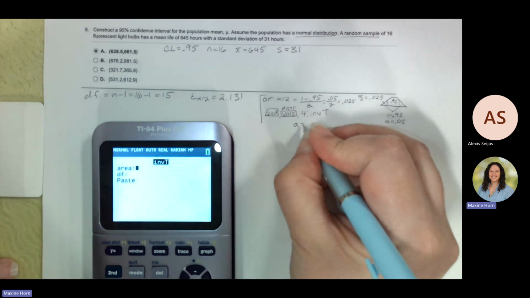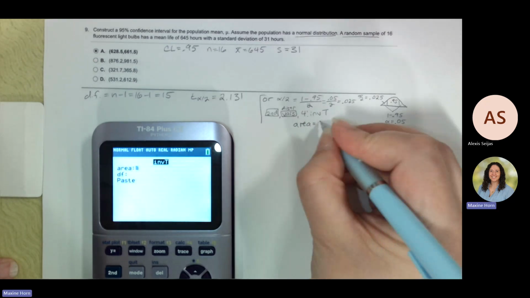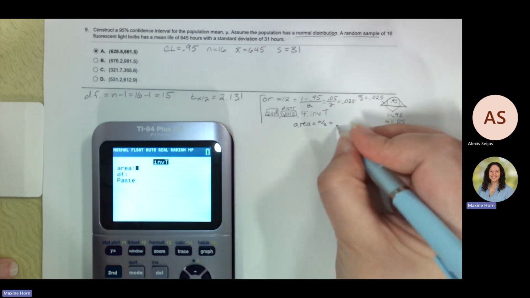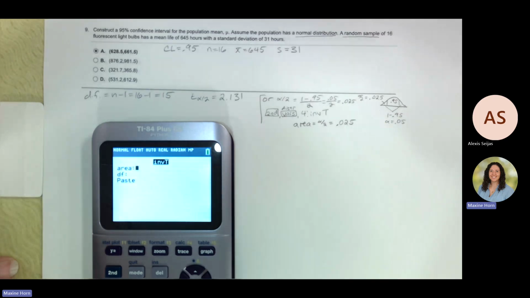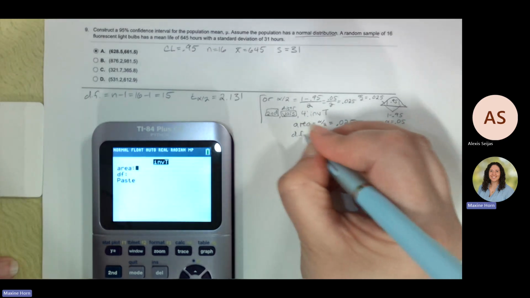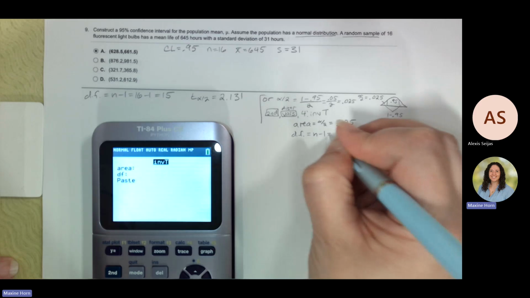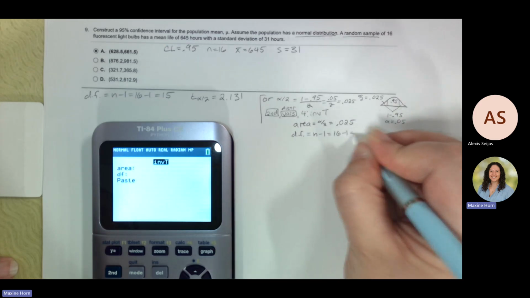Area equals alpha halves, which is 0.025 or 2.5%. Degrees of freedom equals n minus 1, which is 16 minus 1, which is 15.